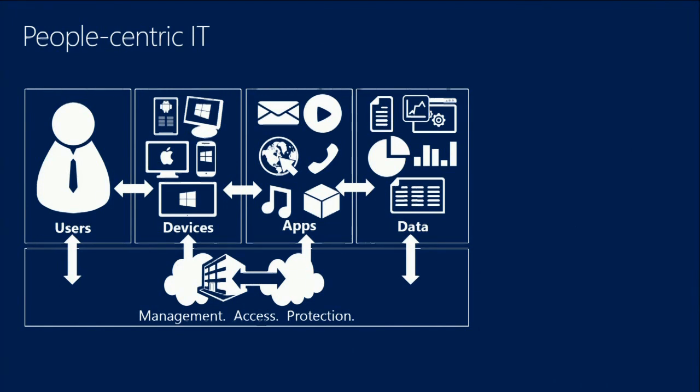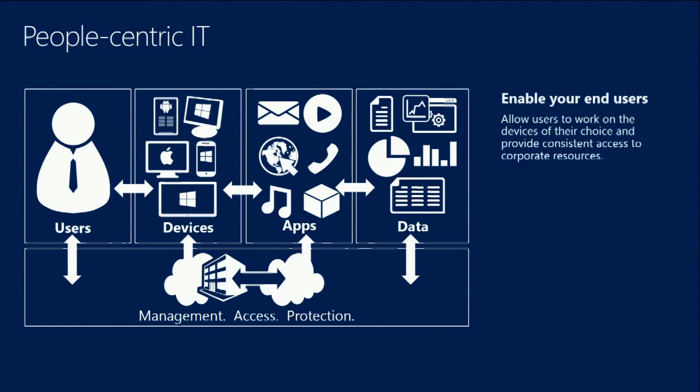Corporate IT wants to be able to manage those devices and ensure that those devices are secure. If those devices are lost, they want to be able to wipe the corporate information off of it without wiping a person's personal photos or contacts off of those devices. So we move from a scenario that's device-centric to one that's more people-centric.